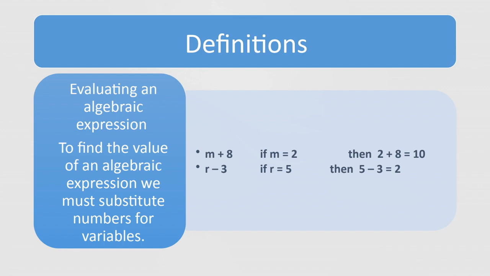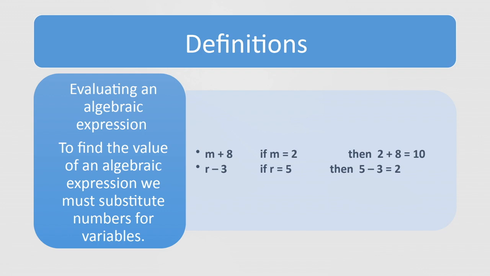Actually, we're going to talk quickly about evaluating. Because these letters are taking the place of numbers, we can sub numbers into this. I think in the second part of algebra, we'll start doing some substitution. If I have m plus 8 and I'm letting m equal 2, then the m can get subbed into this expression of m plus 8, and we can say 2 plus 8, so we're putting the 2 in for m, is equal to 10.